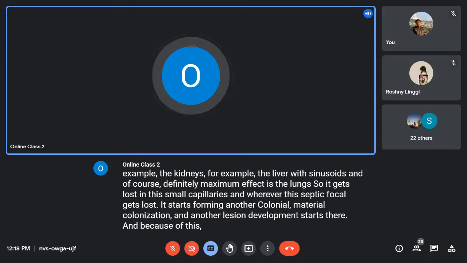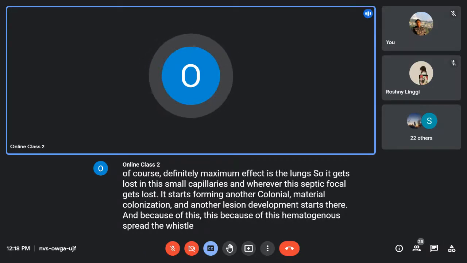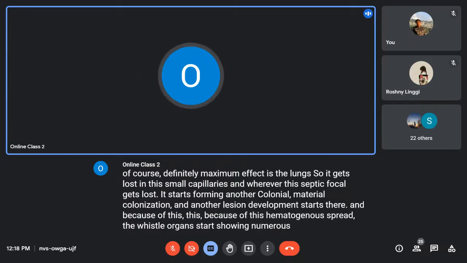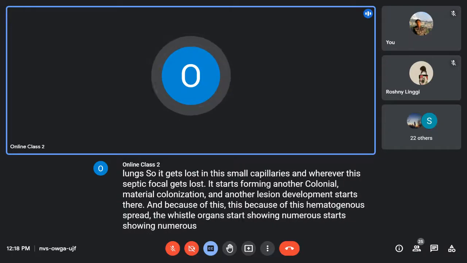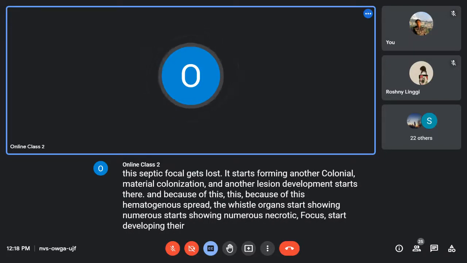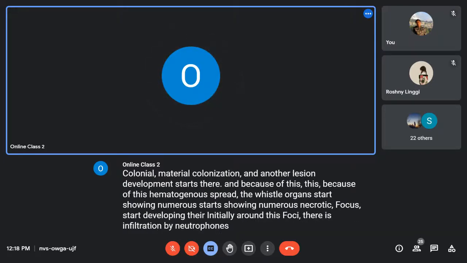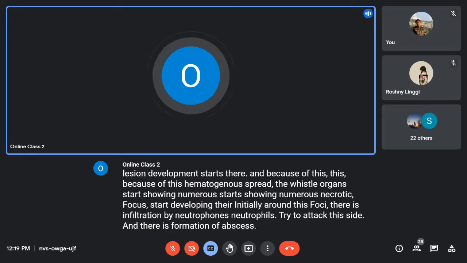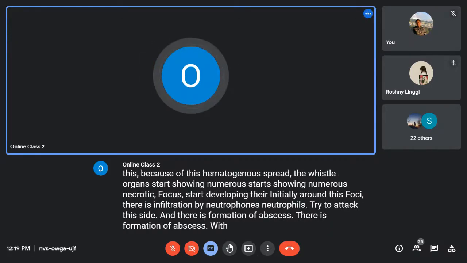And because of this hematogenous spread, the visceral organs start showing numerous necrotic foci. Initially, around these foci, there is infiltration by neutrophils. Neutrophils try to attack this site, and there is formation of abscess with liquid pus. If it is controlled there, all right.